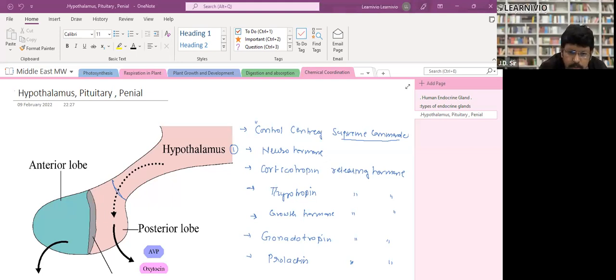Yes, this was the topic which we were doing. Hypothalamus, pituitary, and pineal gland are done, right? So what is the next gland?